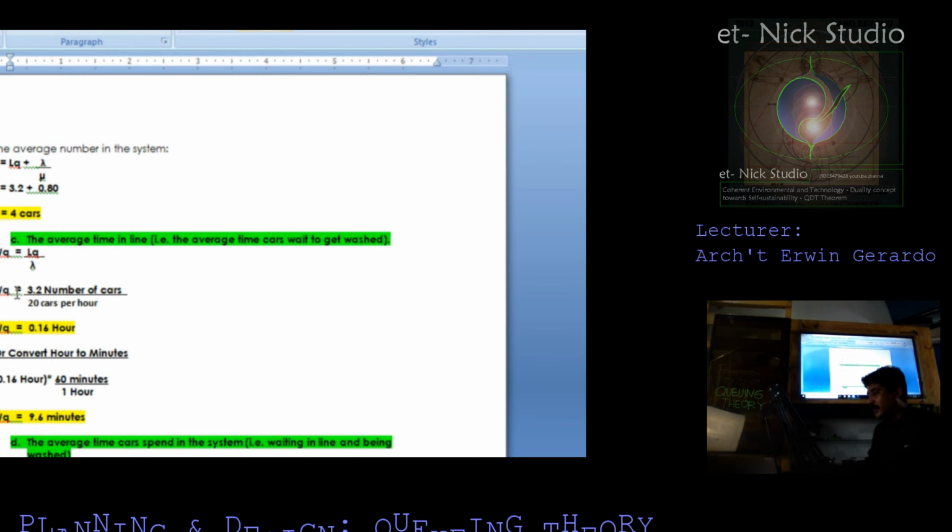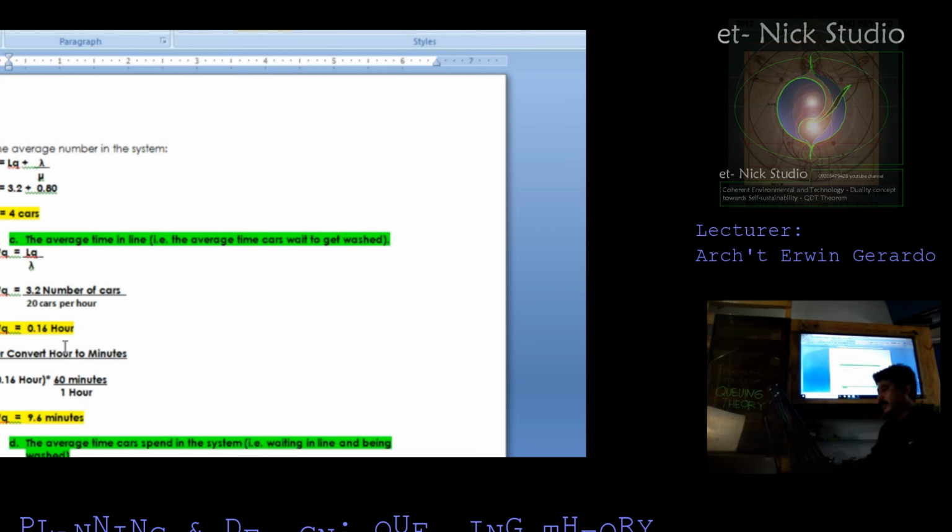So now let us go back here. WQ is the average time in line, or the average time cars wait to get washed. So WQ equals 3.2 number of cars divided by 20 cars per hour. So therefore WQ is 0.16 hours.